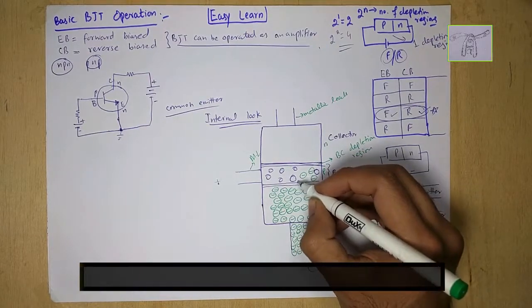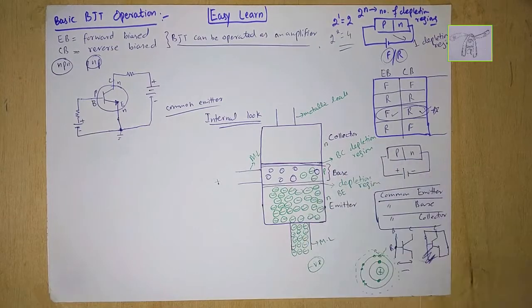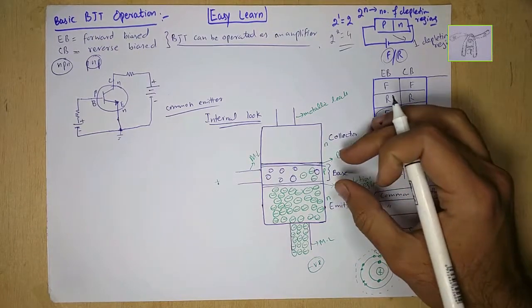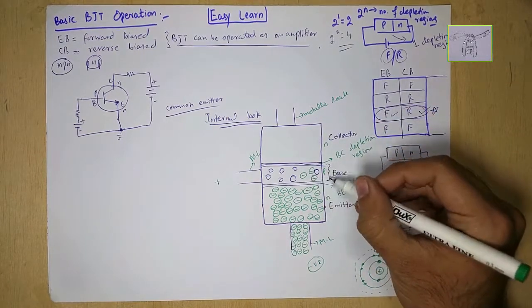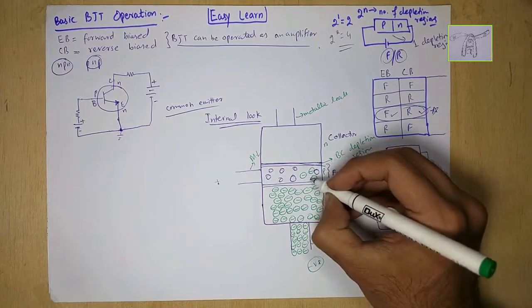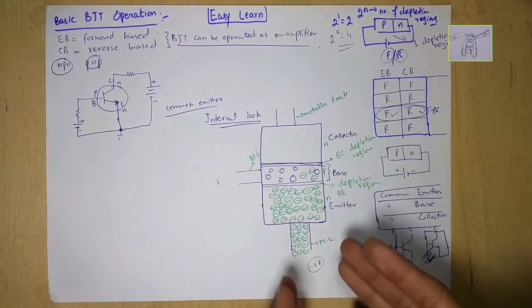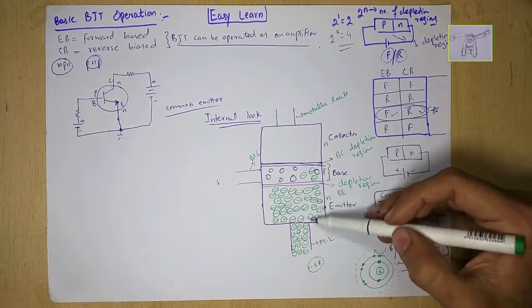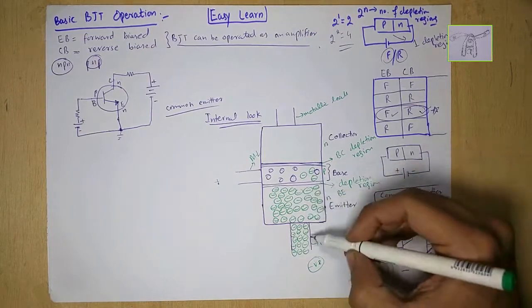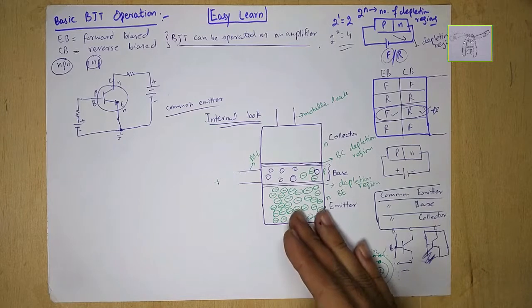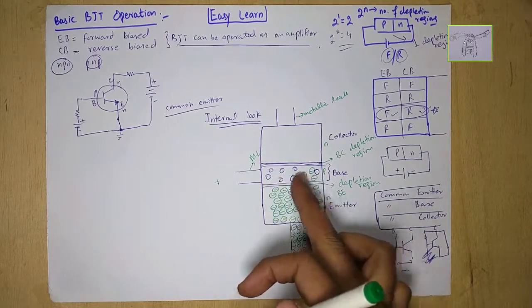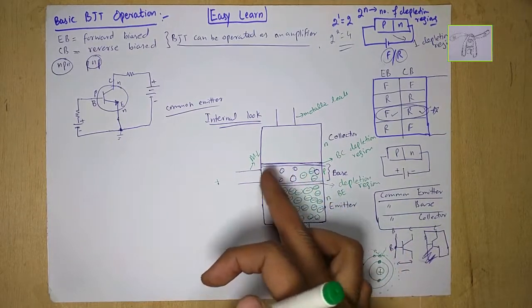Electron and hole pairs are always trying to merge into each other, because positive and negative charges always attract each other. But remember, this is very important to explain: this is a very thin region, and very few of the electrons are pushed into it. Think that water is coming to the upside, and there is a very little outlet pipe.